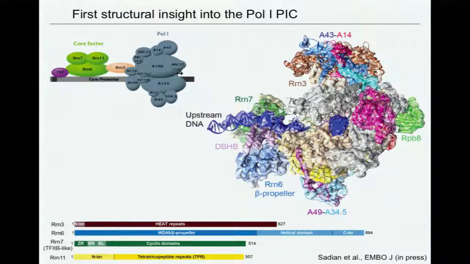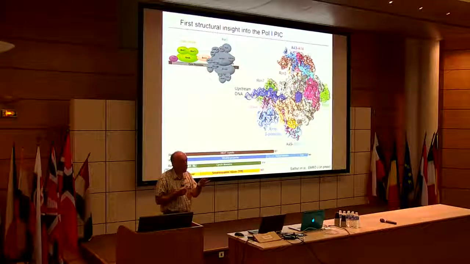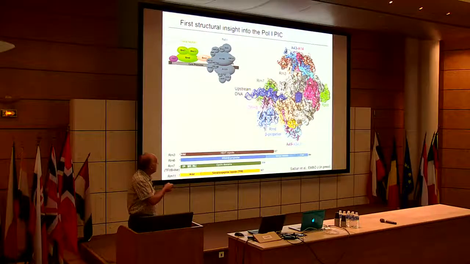And this shows you the overall structure of this pol 1 pre-initiation complex. The big surprise was that the TF2B-like factor binds much further upstream than is the case in RNA polymerase 2. So it is really distant. In the case of pol 2, it packs directly against the pol 2 enzyme, whereas in this case, it is actually distant from the site.